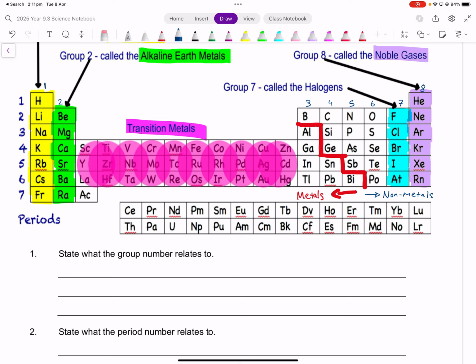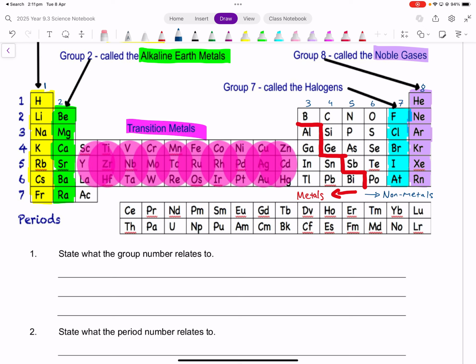So, when we talk about the group number, what are we going to observe? What are some things that might stay the same? And I want you thinking about electron configuration. What is going to stay the same as we stick around in a particular group? So maybe if I get everyone to put their finger on the halogens right now, group 7.